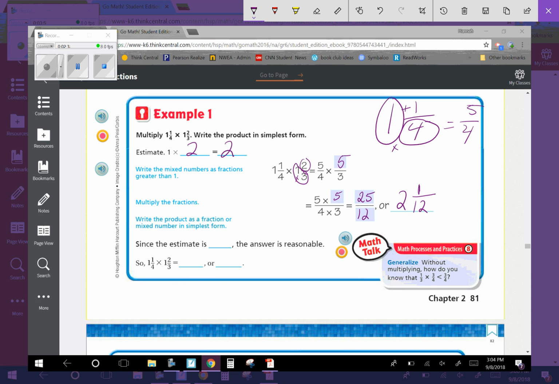So since the estimate is 2, the answer is reasonable. So 1 1/4 times 1 2/3 equals 25/12, or 2 1/12.